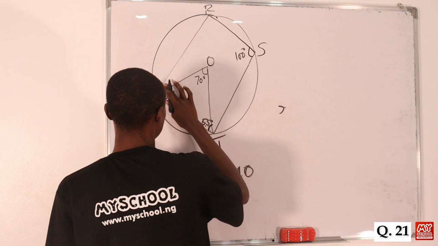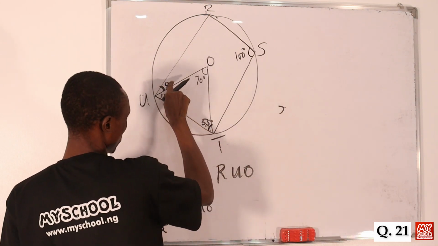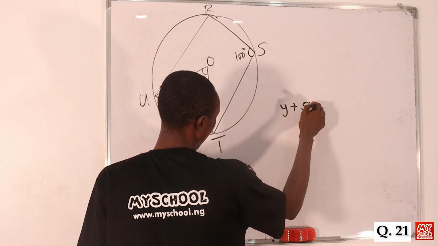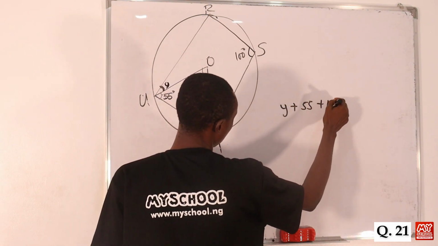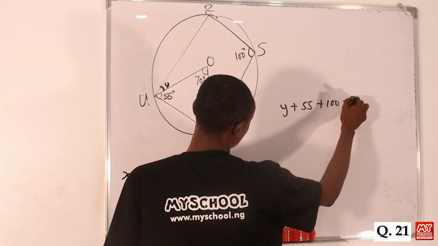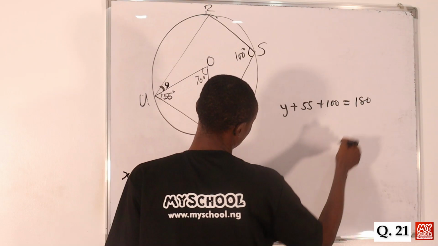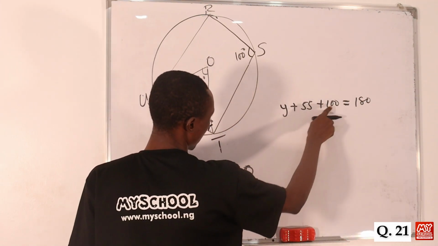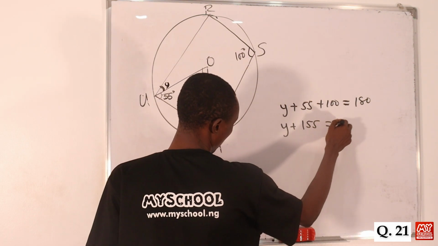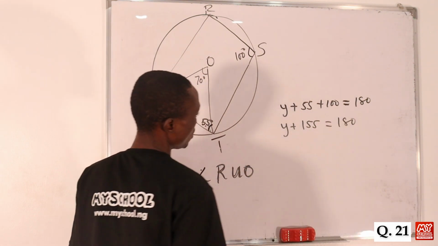Let's call it Y now. Let us not call it Z, because we are looking for this small part. So Y plus 55 plus 100 will be equal to 180. If we add these two together, we have Y plus 155, which is equal to 180.